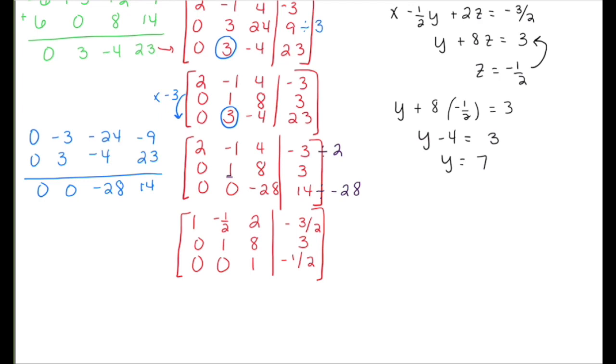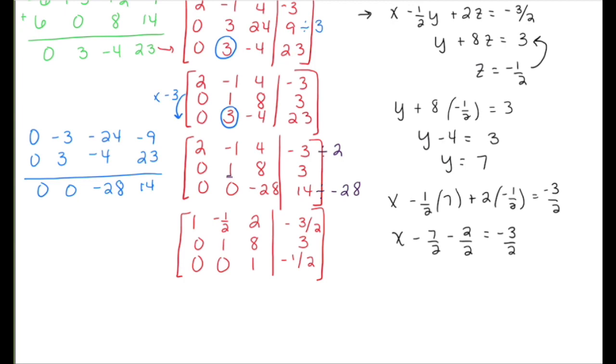Well, now that I know what y and z are, I can substitute both of them back into my original equation, or the top equation, to obtain what x is. X minus 1/2 times 7 plus 2 times negative half is negative 3/2. So x minus 7/2 minus 2/2 is negative 3/2.